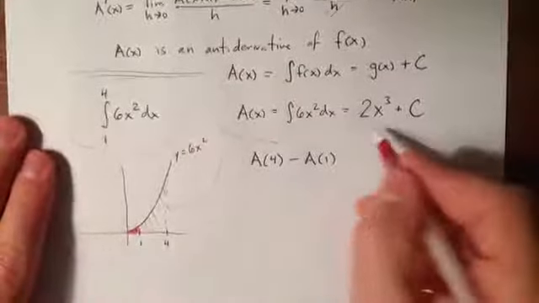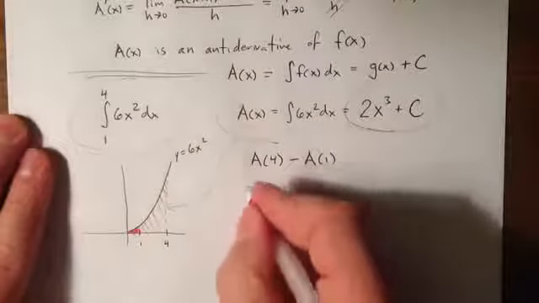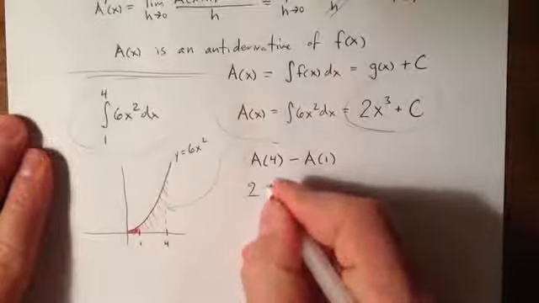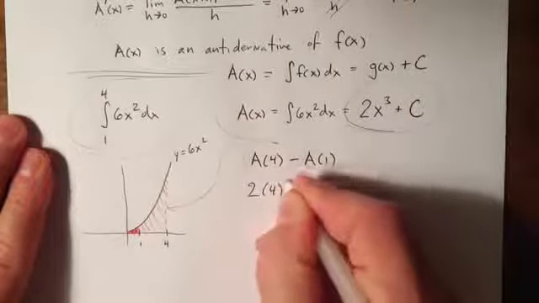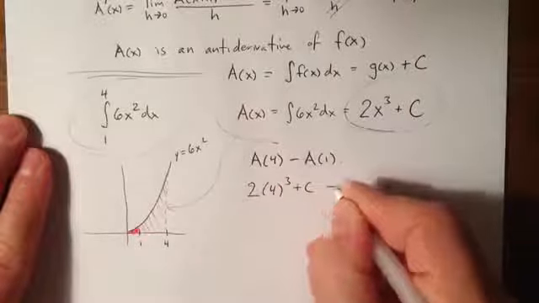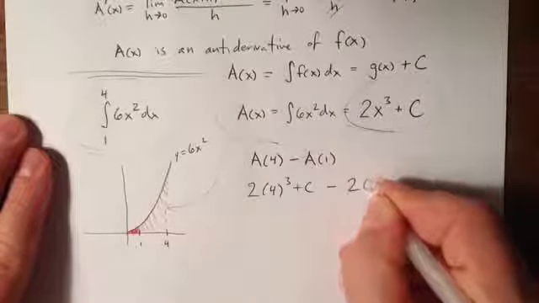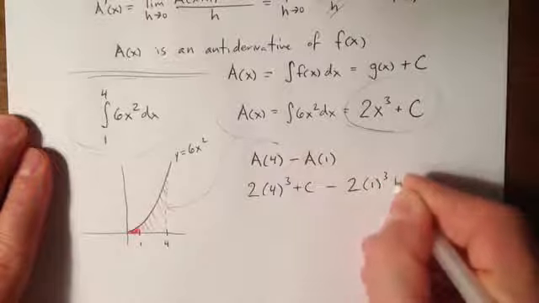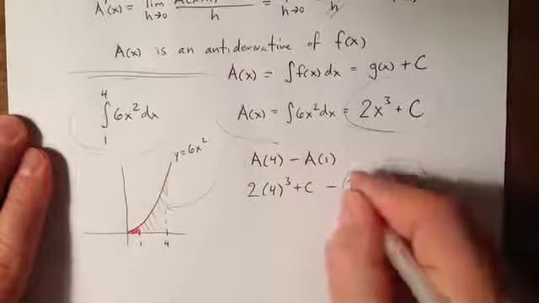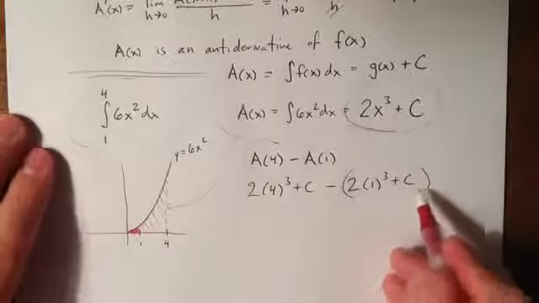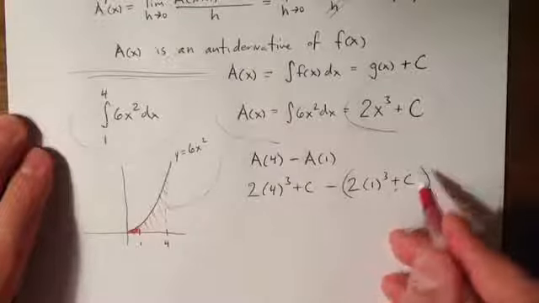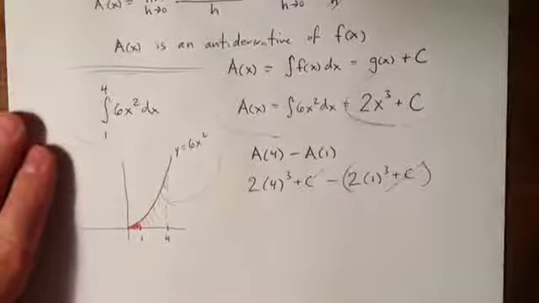So let's do that. Well, this is my area function. If I plug in 4, I get 2 times 4 cubed plus c. And then I want to subtract 2 times 1 cubed plus c, but I want to subtract that whole thing. So this c becomes negative, and it's going to cancel with that c.